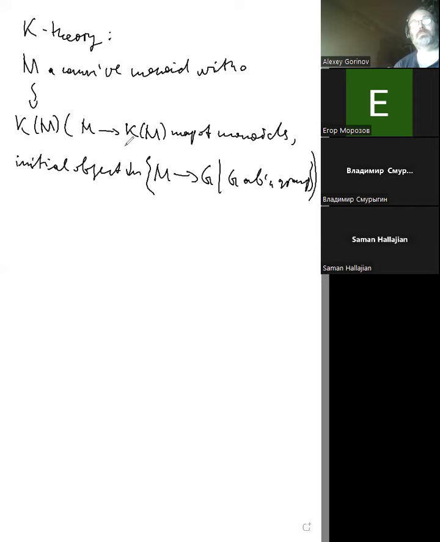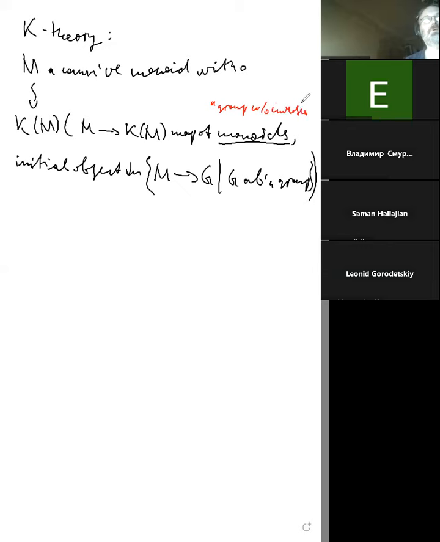Could you recall what is a monoid? Well, a monoid is a group without inverses. Let's write this in quotation marks.